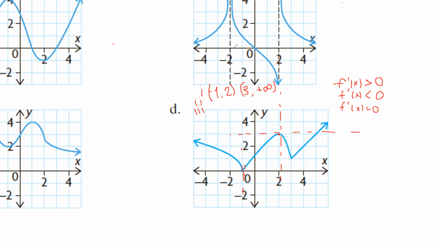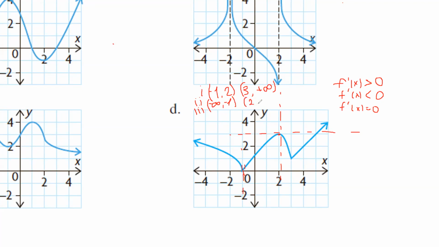And it's decreasing from negative infinity to -1. Sorry. And it is also decreasing from 2 to 3.